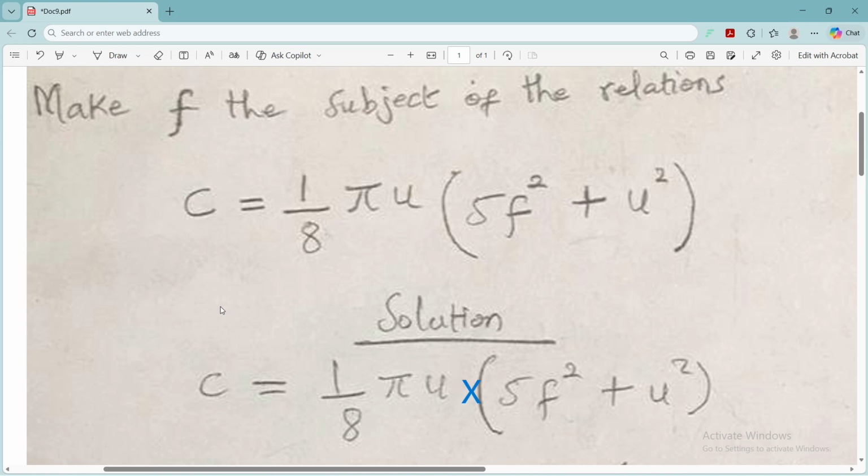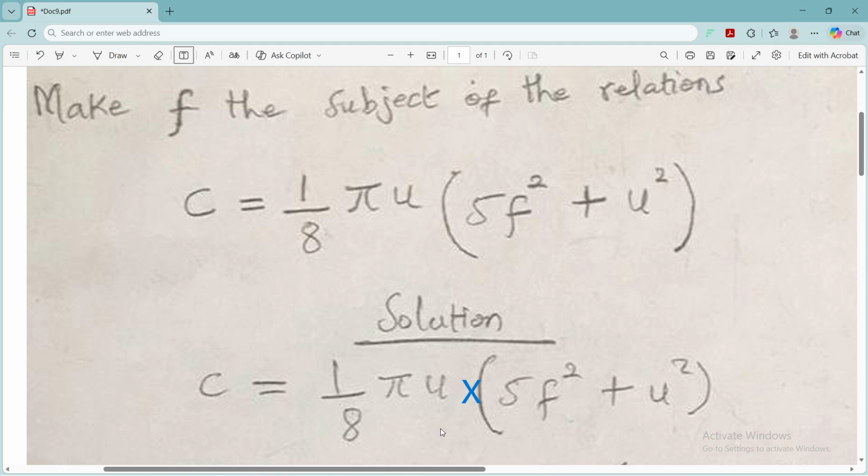So here we find the LCM. Our LCM here is 8, right? So we multiply our LCM through both sides of the equation, right? So when we do that, we are going to have 8 multiplying c equals 8 multiplying the fraction 1 over 8 pi u multiplying, or in bracket, 5f squared plus u squared, right?